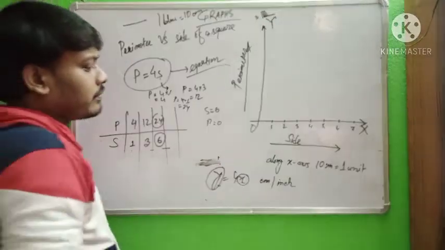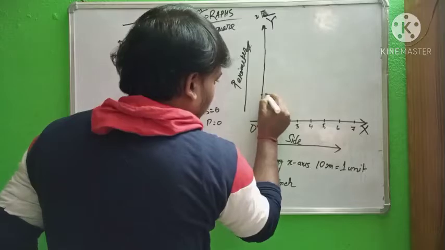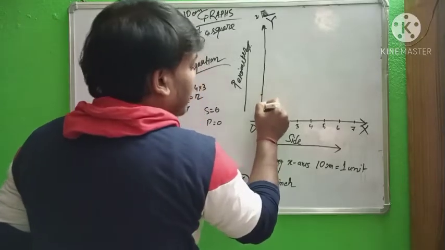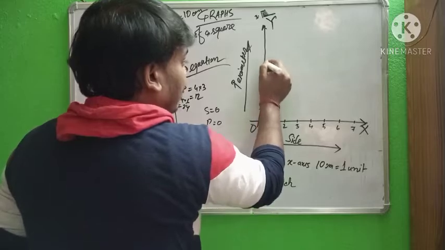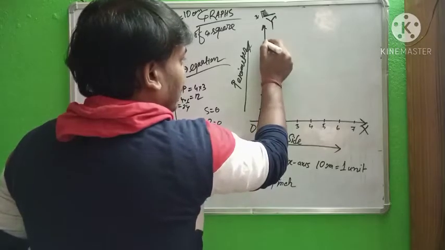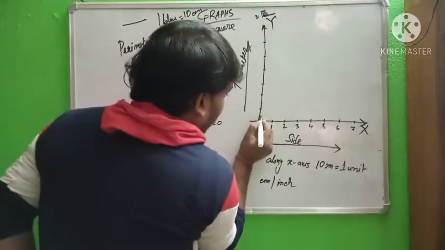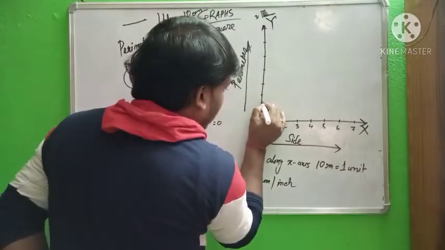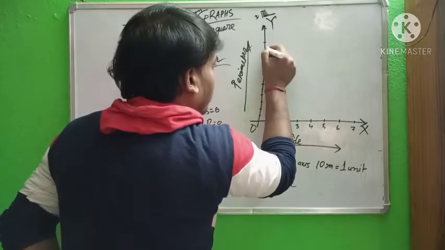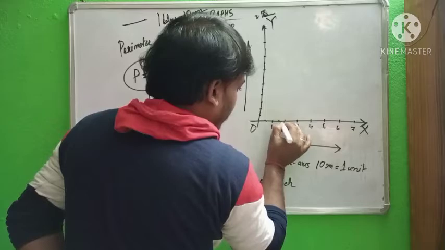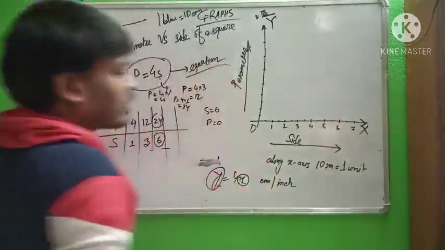Now it is one block, two blocks, or 10 centimeter, again 10 centimeter, and so on. So here 5 centimeter is there, 5, 5, 5, 5. Here also 5, 5, 5, 5, 5, 5, 5.